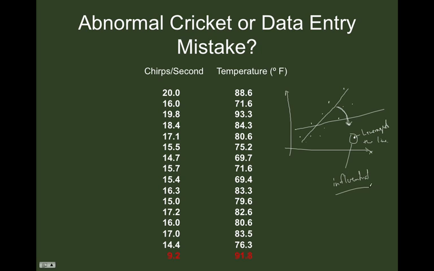So this point is a leverage point because the x values are actually within the range of x values, but it's an unusually small or low number of chirps. Now, in this situation, if I were a statistician analyzing this data set, I would want to investigate this number, okay?